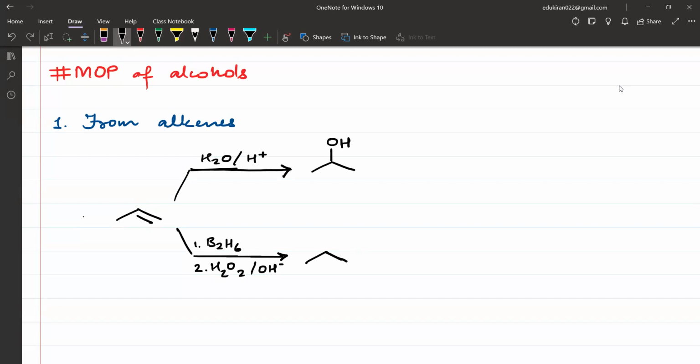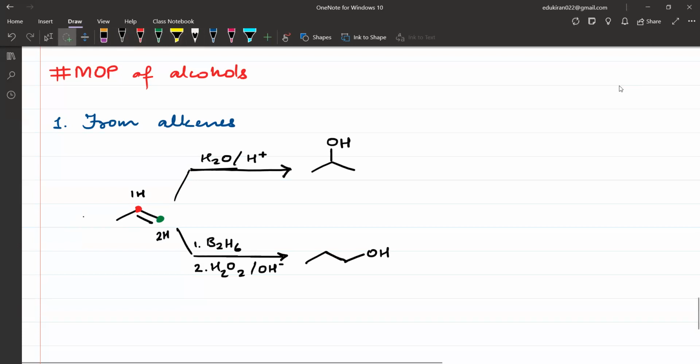Can you see it is similar to what we did in haloalkanes also? Yes, sir. So what is this according to, Markovnikov or anti-Markovnikov, the first one? Markovnikov. Here we have one hydrogen, here we have two hydrogen.